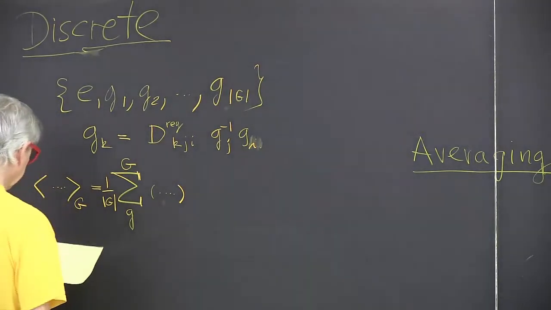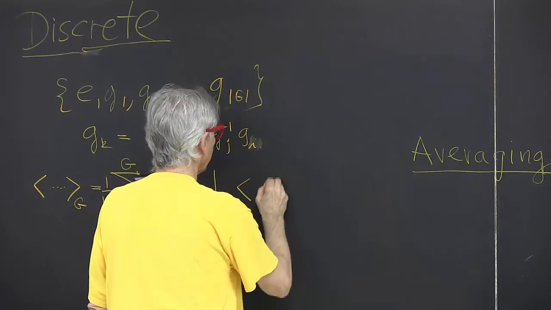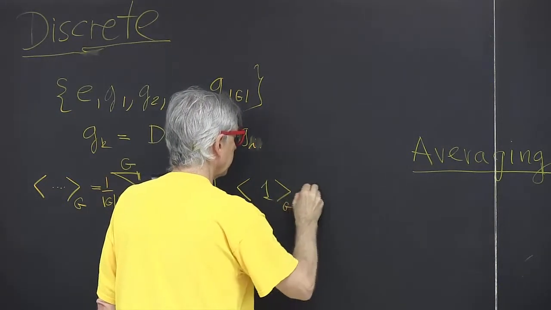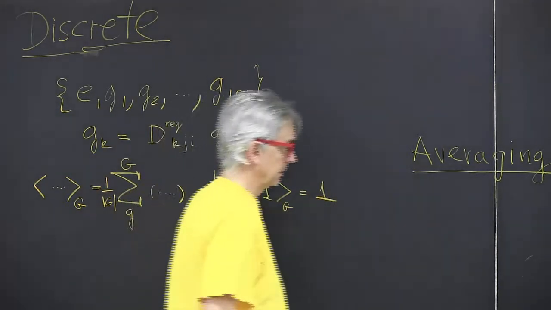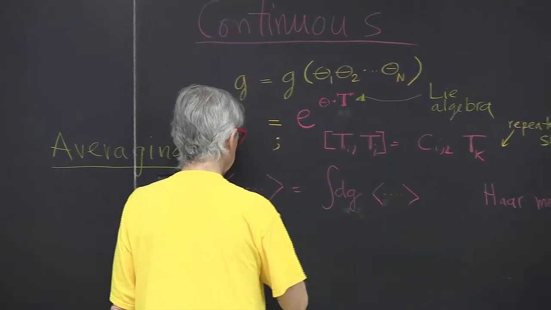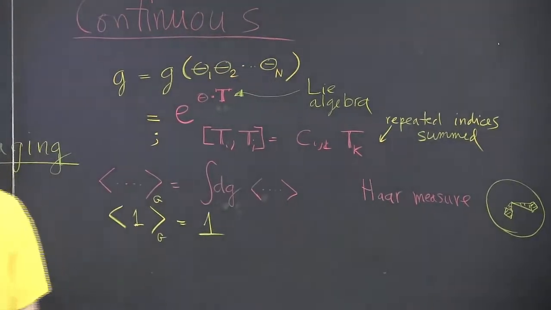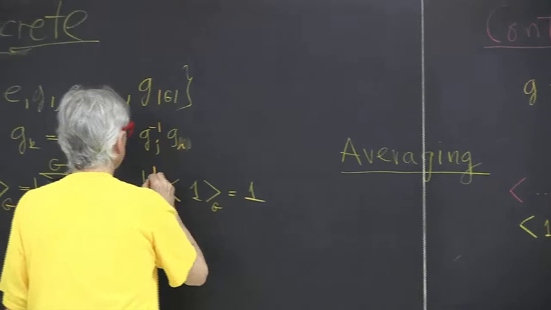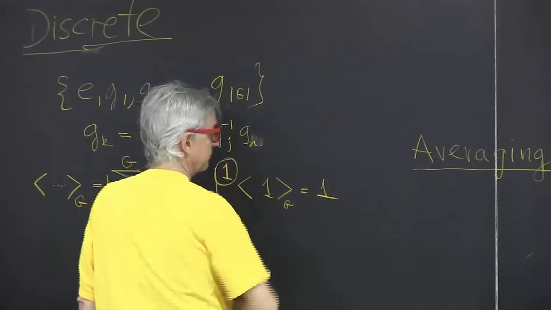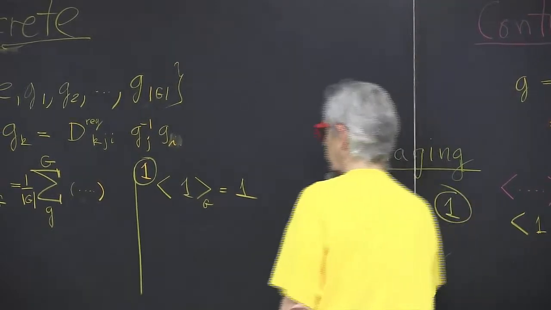There are only two rules that define everything. Average of 1 over the group has to be 1. That constant back. Rule number 1.